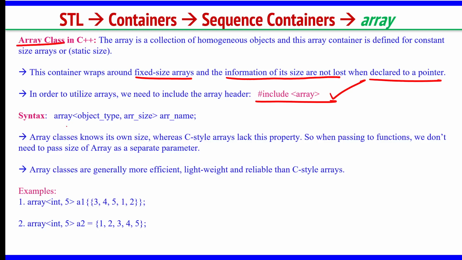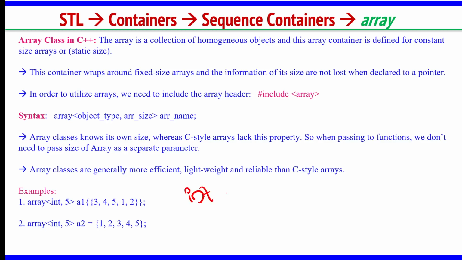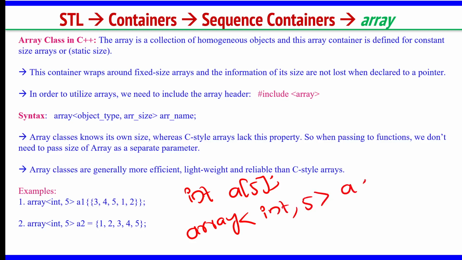What is the syntax of this? The keyword array, the object type, the array size and the array name. See the example: in C and C++, if I want to create an array of size 5, we write int a of 5. The same thing using STL is array of int comma 5 and some variable name a.